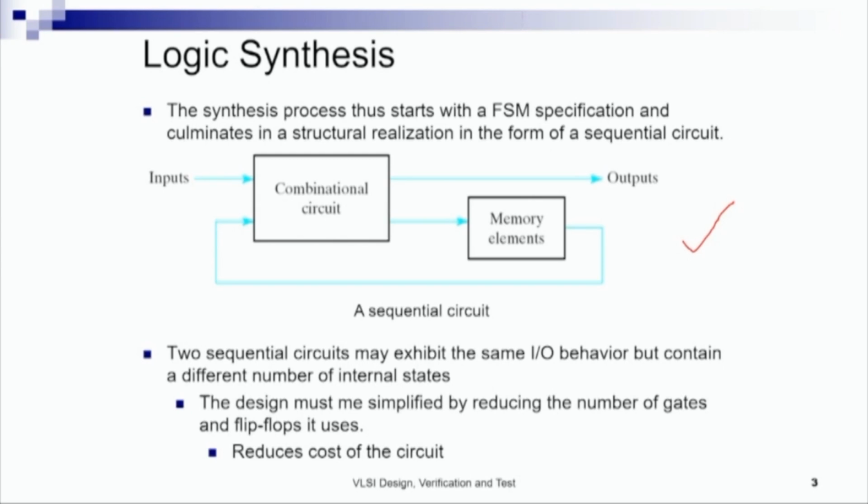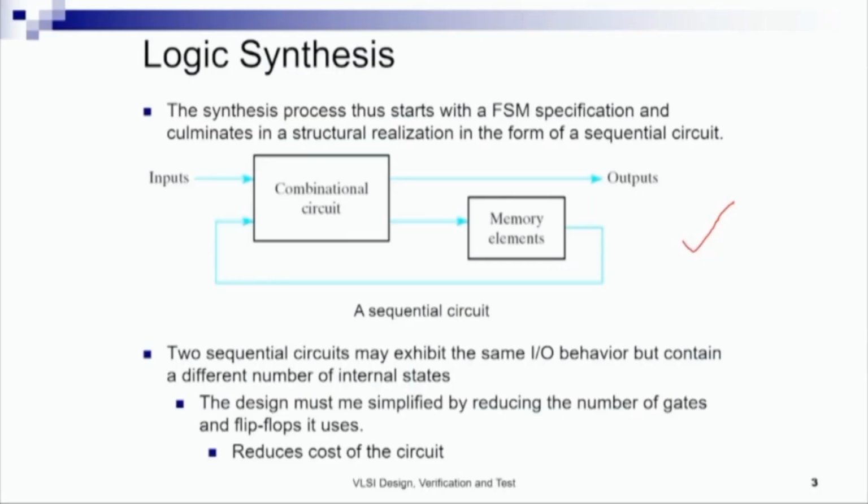Fundamentally, two sequential circuits may exhibit the same I/O behavior but contain a different number of internal states. So therefore, the design must be simplified by reducing the number of gates and flip-flops. Reducing the number of states also reduces the cost of the circuit.